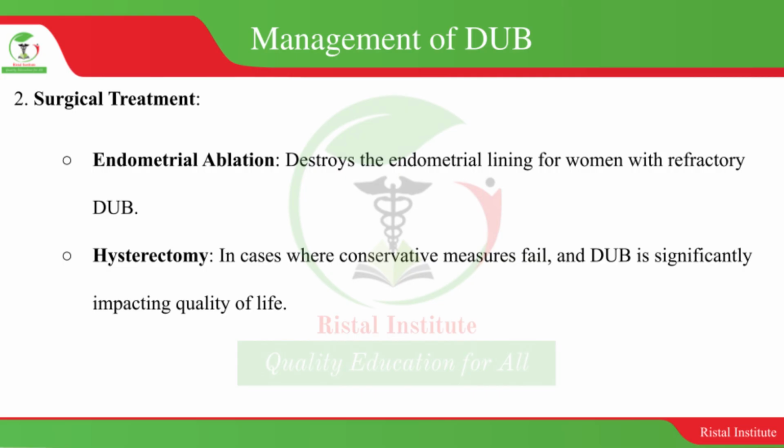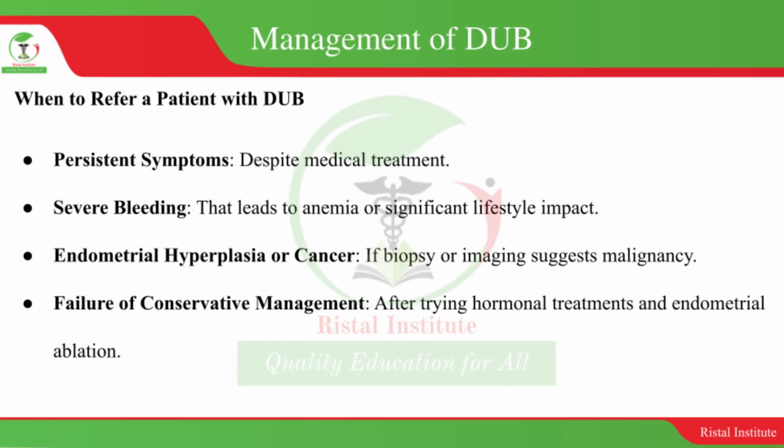For example, if the bleeding is excessive, she's overbleeding, meaning she's going to lose a lot of blood. So because of that, or if all the other measures have failed, then the only thing is for the uterus to be removed.